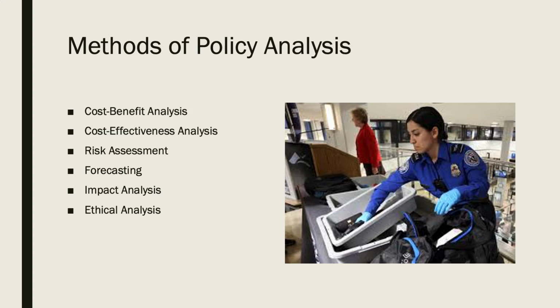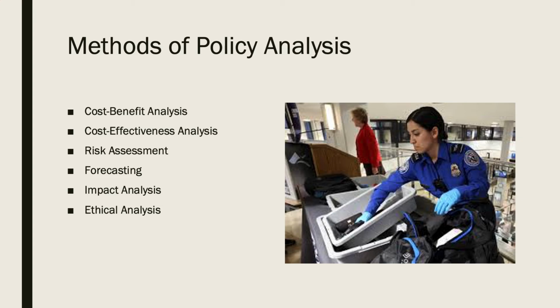Forecasting is a procedure for producing factual information about future states of society on the basis of prior information about policy problems. So you're forecasting into the future. What's the effect of this tax cut? When we forecast, what if we gave a tax cut to middle class Americans, what is the economic benefit or cost of that tax cut?